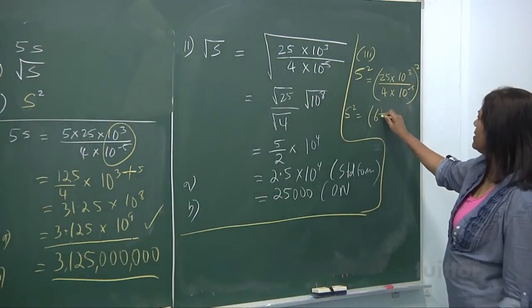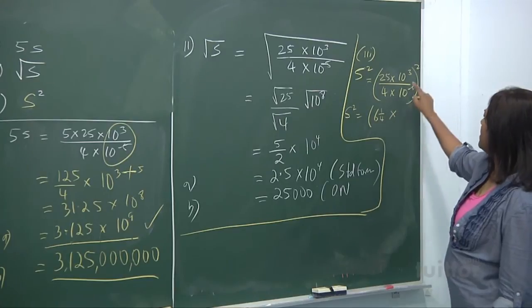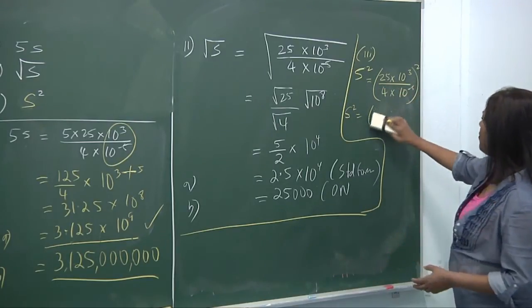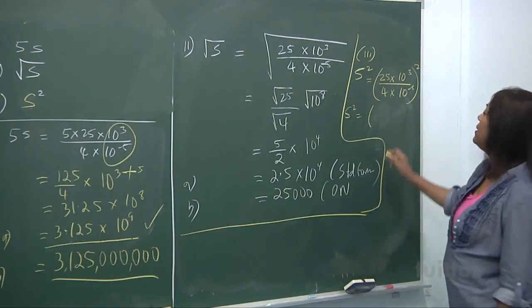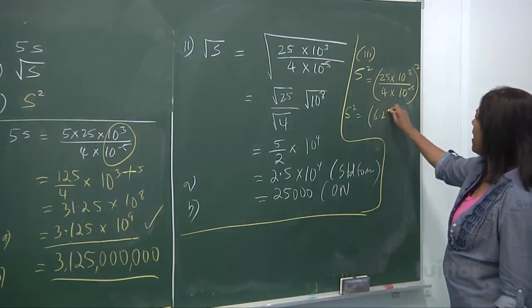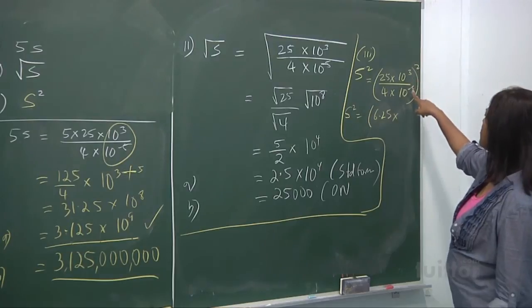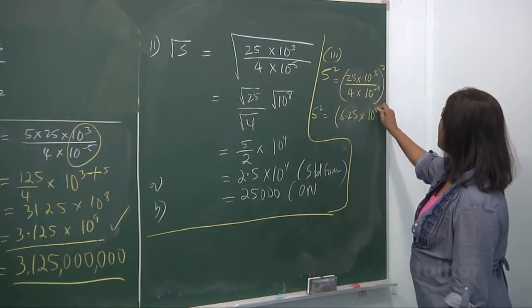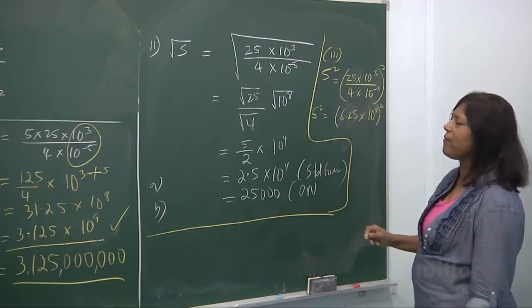You can use your caterpillar division and you get 6.25. And here 10 to the power 3 over 10 to the power minus 5 gives you 10 to the power of 8. And you're going to square it.